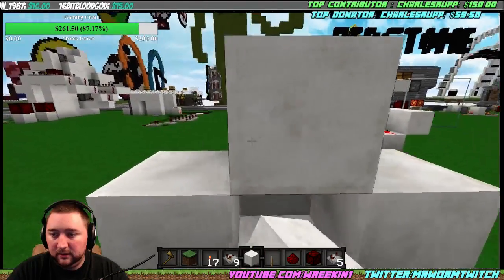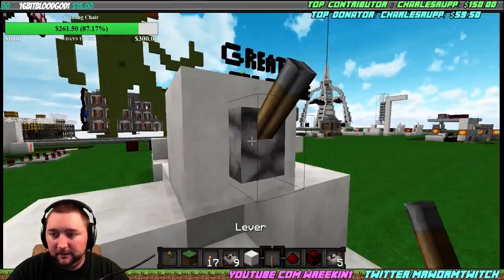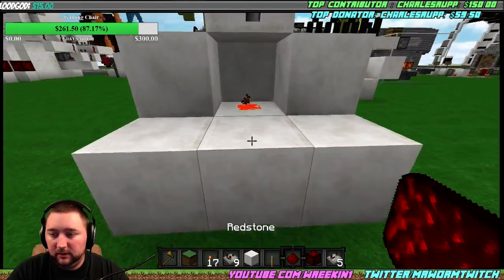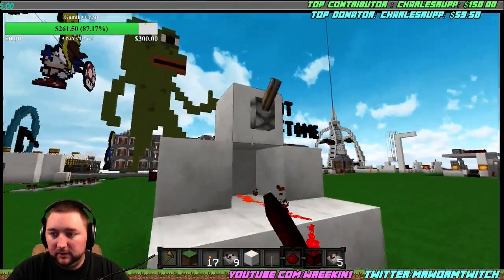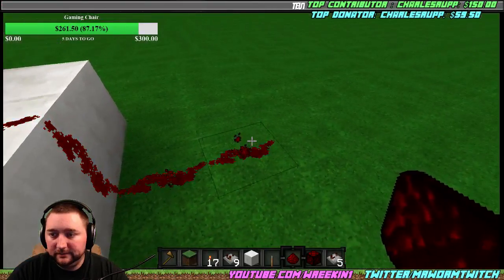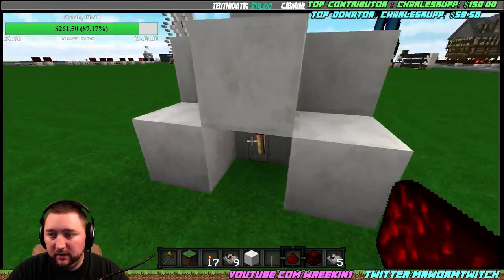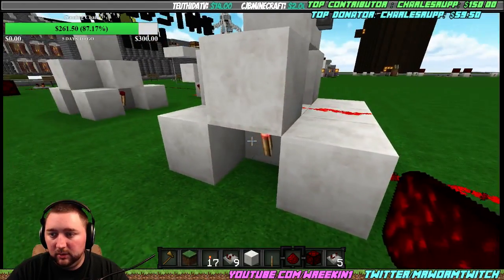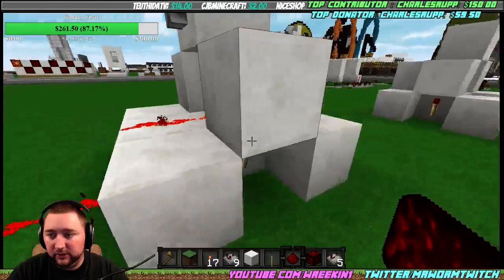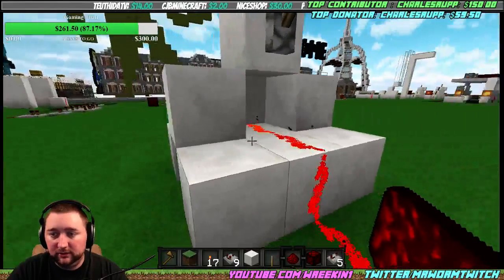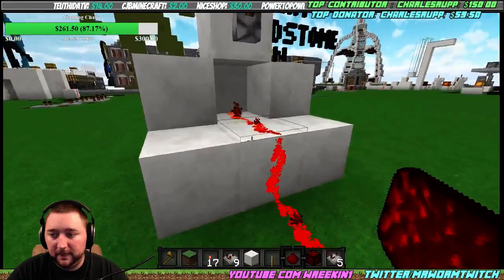Then you put a block on top and a lever on it. And there's a nice never-burn-out clock. Whenever one torch burns out, see how that one burns out? The other two will go at it. When one of those burns out, that torch will start going again, and they'll just reset each other constantly over and over again.